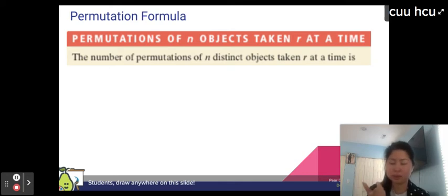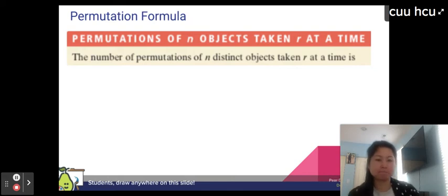We're going to use this one to do the next practice. If you need a moment to jot it down, do so. n factorial divided by n minus r factorial. We good?